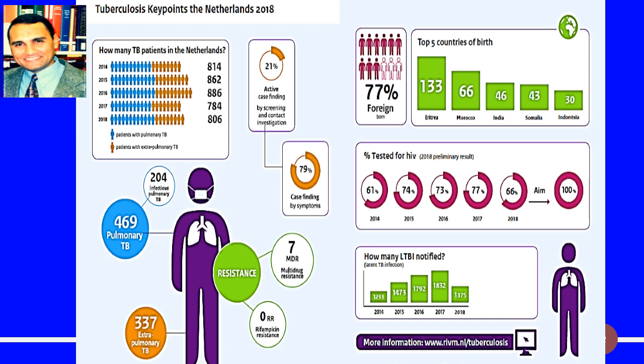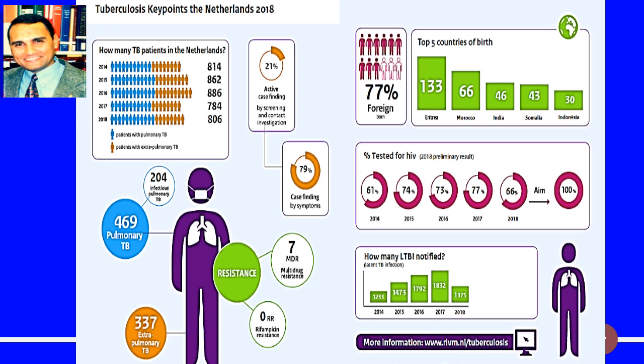This study shows the number of infected persons between the years 2014 and 2018: about 469 showing pulmonary tuberculosis and 337 showing extrapulmonary tuberculosis.